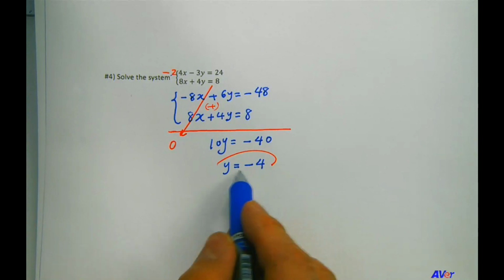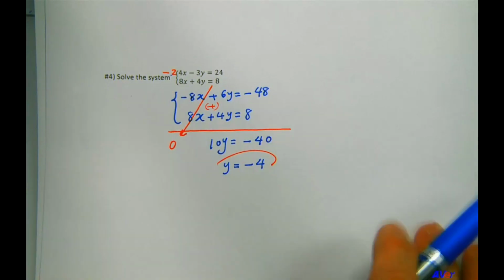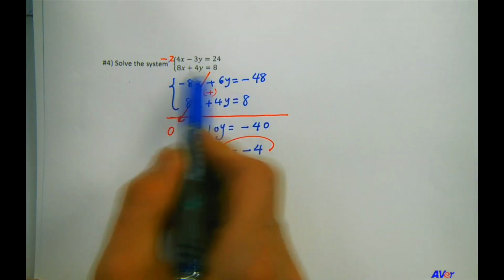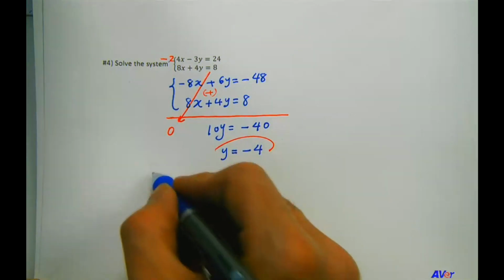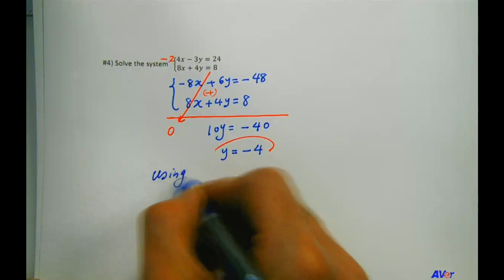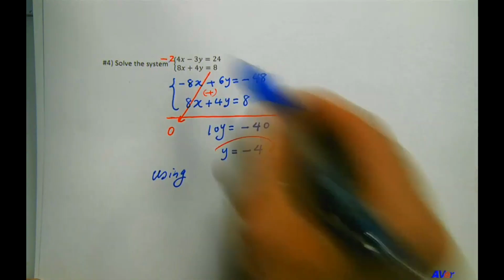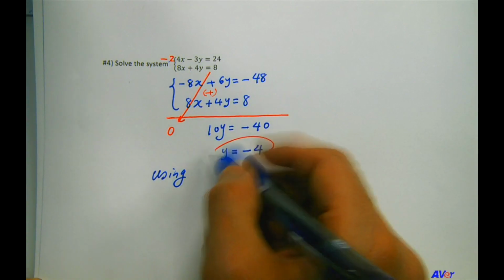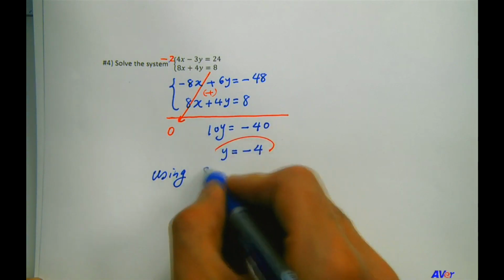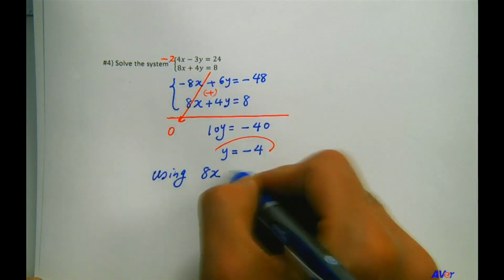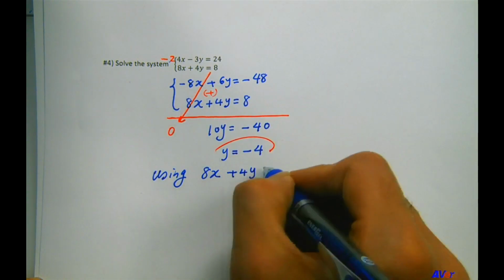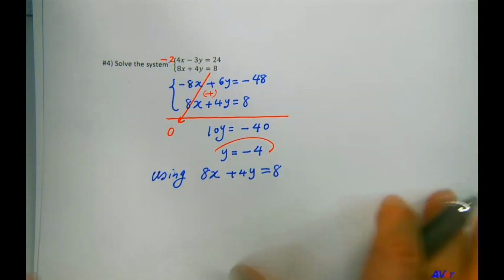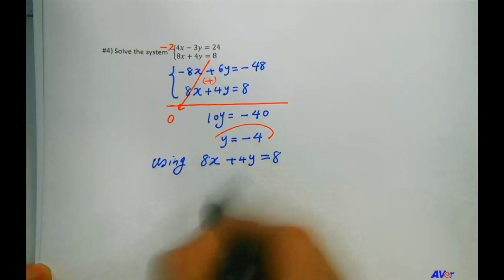Let's plug this y value into either one of those first equations and solve for x. I think the bottom equation is easier to work with. You might disagree with me, which is fine. You can use the top equation. You would still reach the same result. So using 8x plus 4y equals 8, let's plug in for y with negative 4.